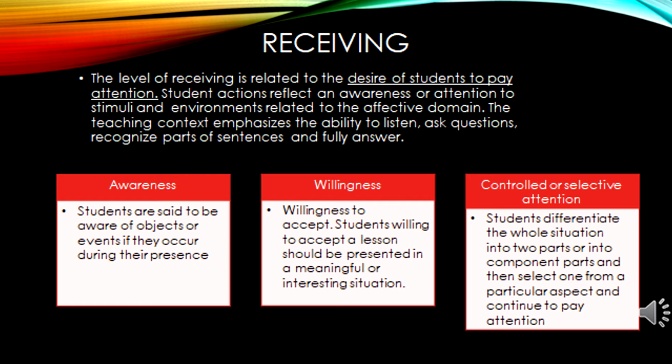And the last one is controlled or selective attention. Students divide the whole situation into component parts and then select a particular aspect and continue to pay attention. What I can conclude here is that at the receiving level, students start to pay attention in learning.